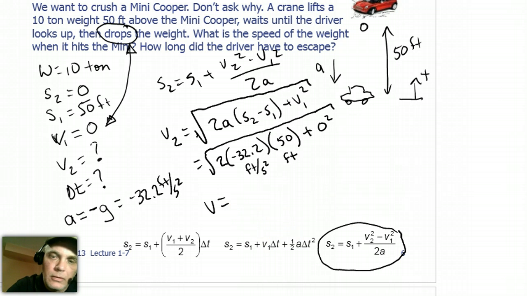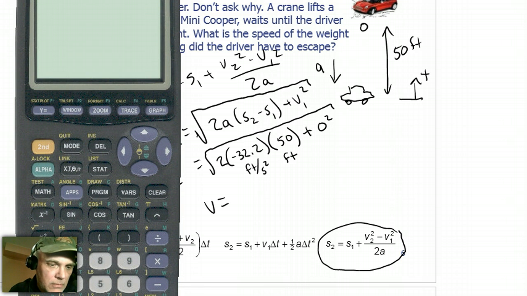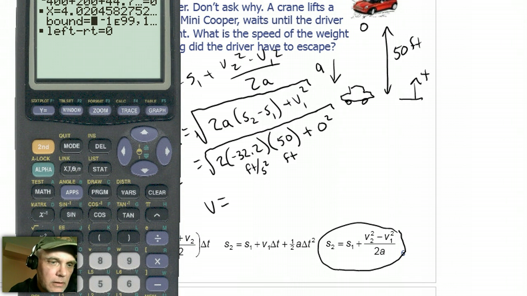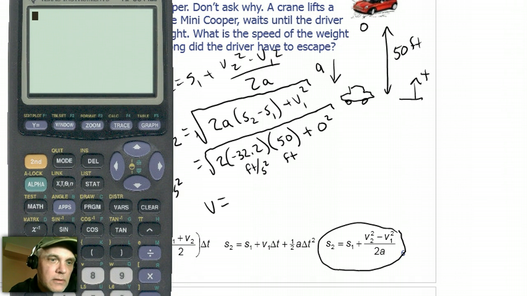So V2, I'll use my trick over here again. Let's just use the calculator since we've got it handy. Except I can't quite get to everything, so I'll get out of the solver. So if I do square root 2, oops, I see a problem.